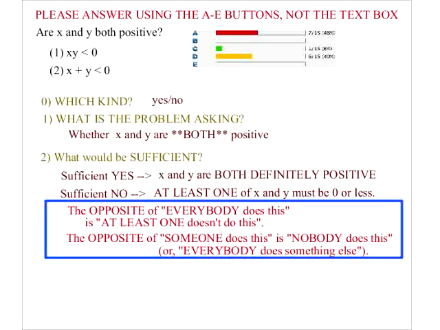So, are X and Y both positive? Let's examine the statements. And then first, let's do question 3. Question 3 is what would be insufficient? So someone tell me what would be insufficient. Notice that in any definition of insufficient, you have to give me at least 2 cases. So insufficient means that what can happen and also what else can happen.